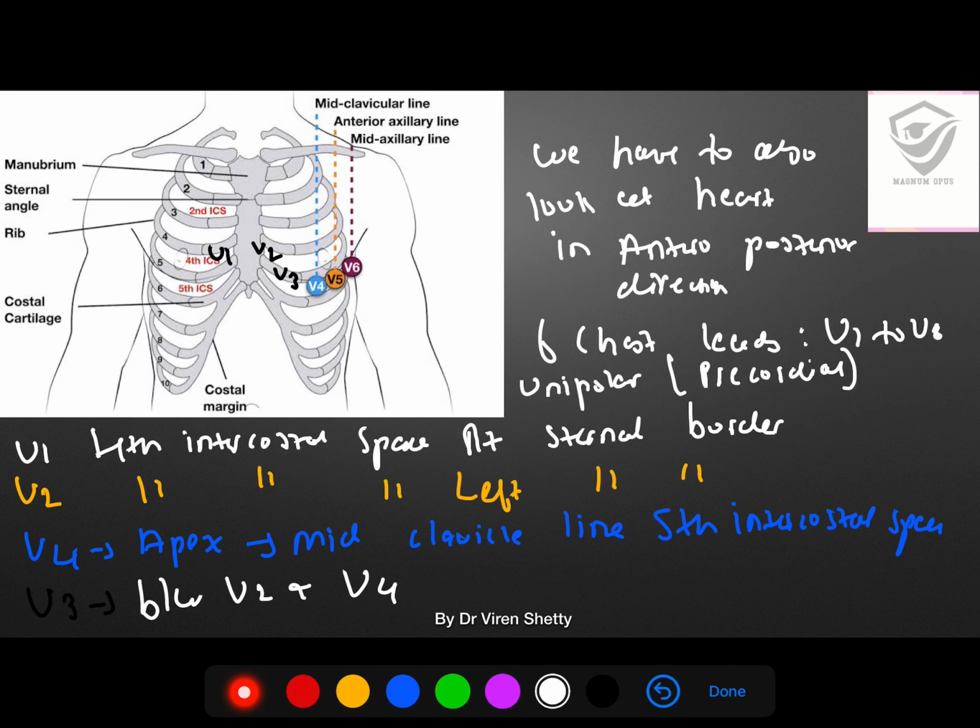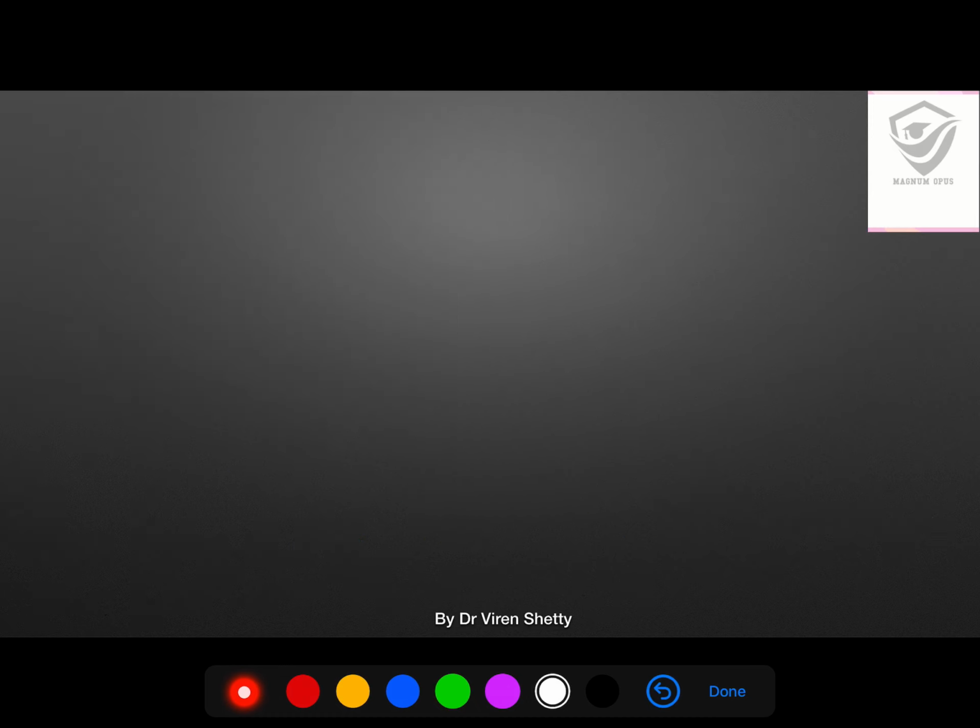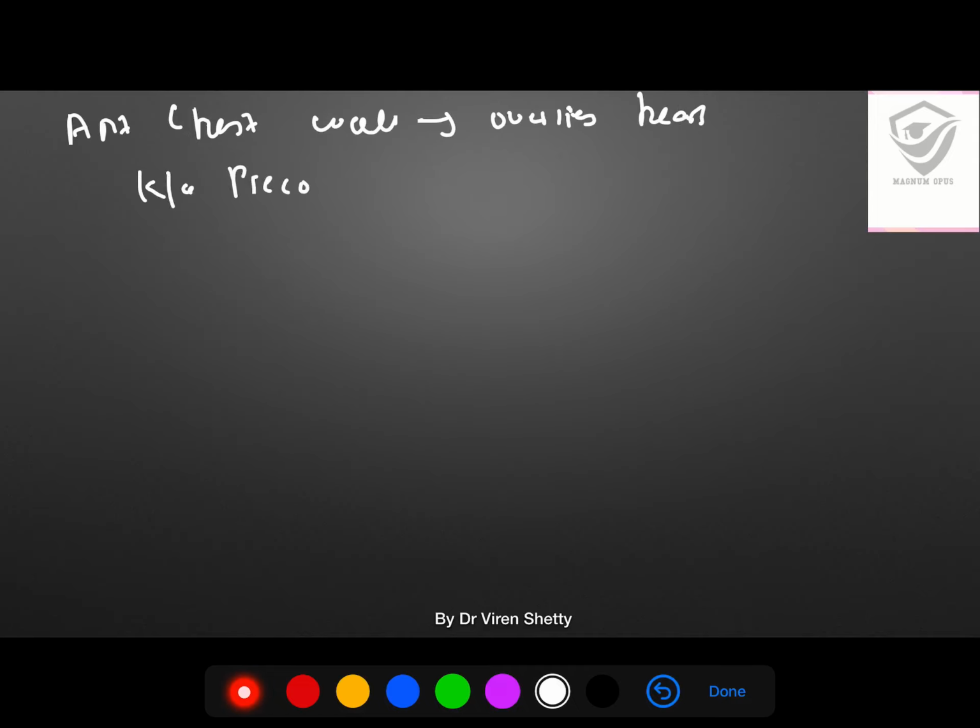Why precordial leads? Because the anterior chest wall that overlies the heart is known as precordium. Hence they are called as the precordial unipolar leads.